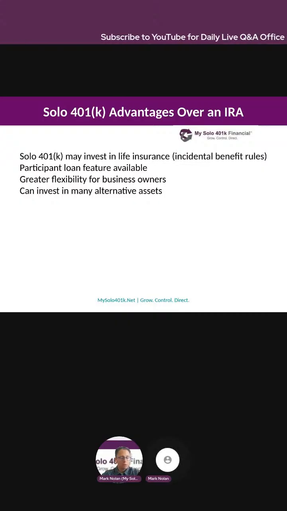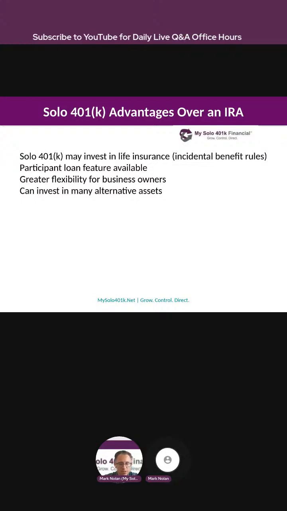So when a solo 401k participant wants to borrow from their solo 401k plan through a solo 401k participant loan, each participant can borrow from their respective funds. They can each borrow up to 50% of their respective solo 401k balance for a maximum of $50,000.